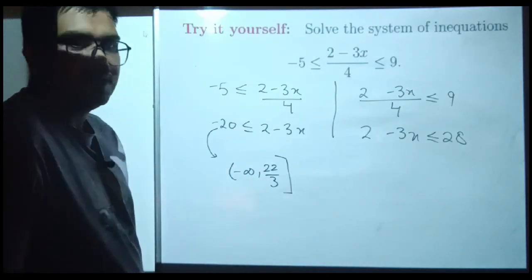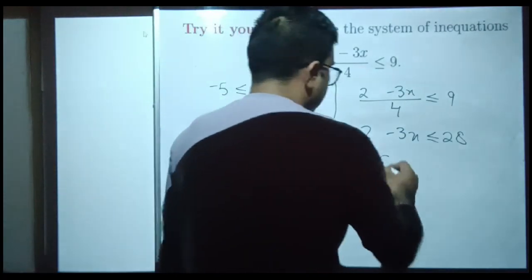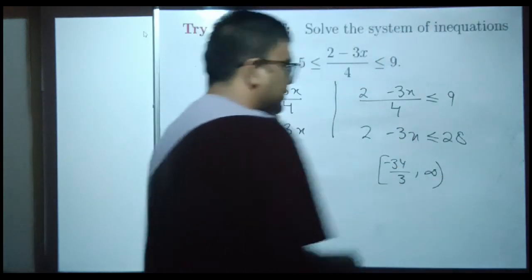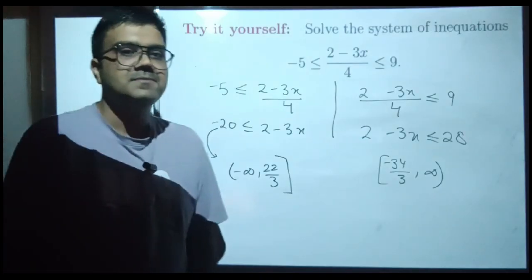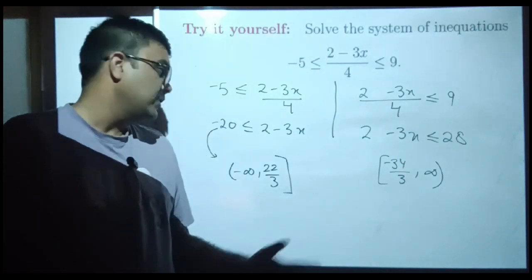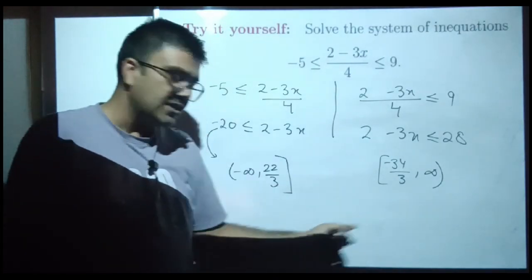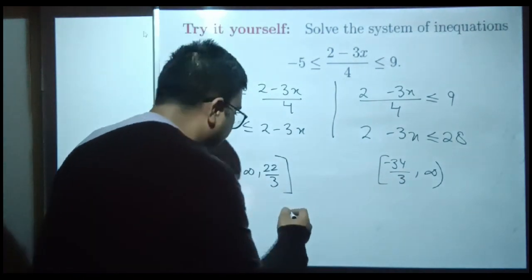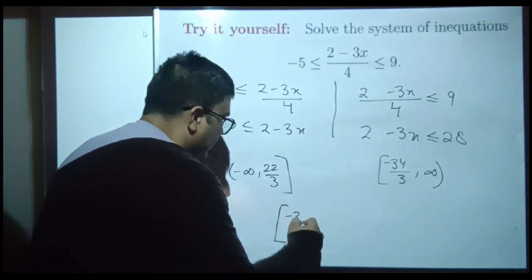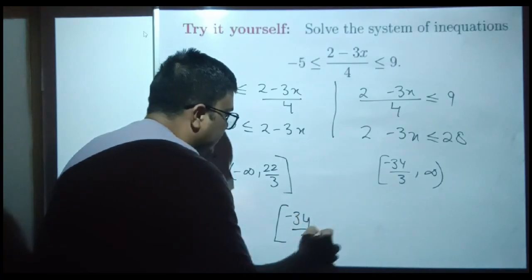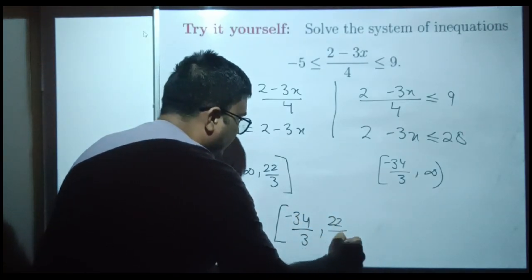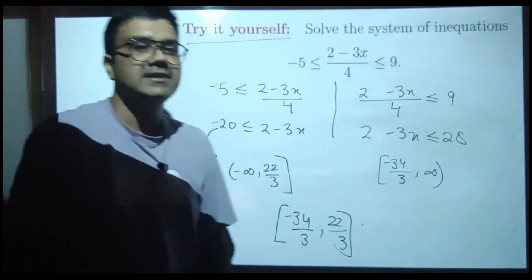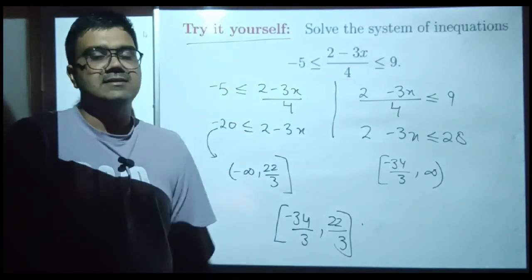In the second case you will get minus 34 by 3 to infinity. Then you will plot all these points on the number line. You will see what the common region is, and the final answer will be minus 34 by 3 to 22 by 3. So you can try this question yourself and try to obtain this answer.